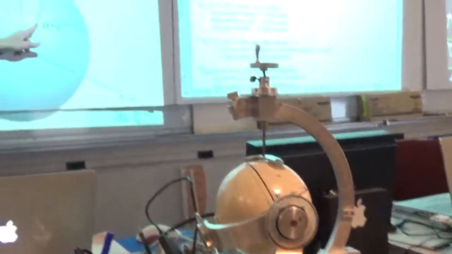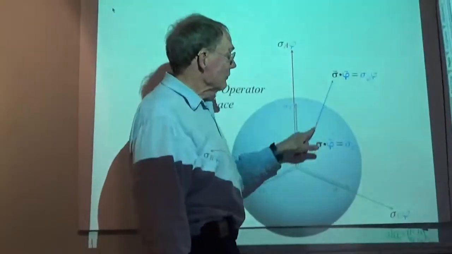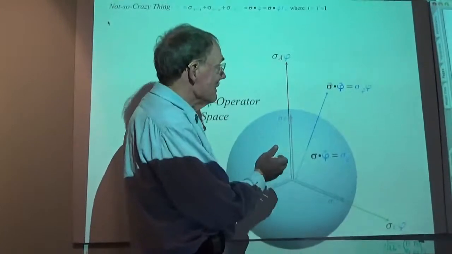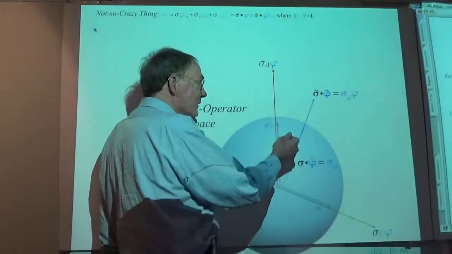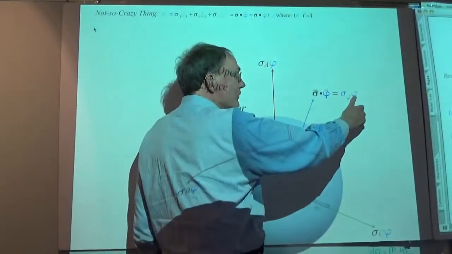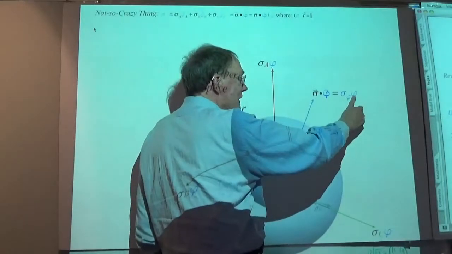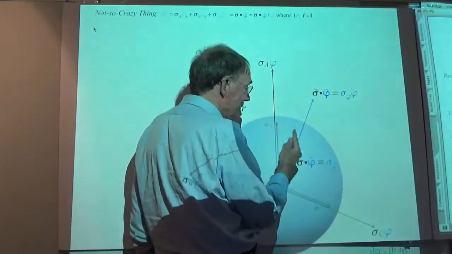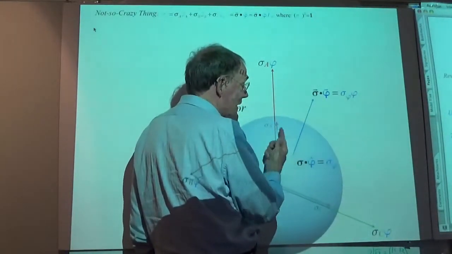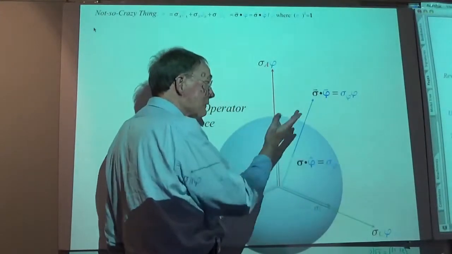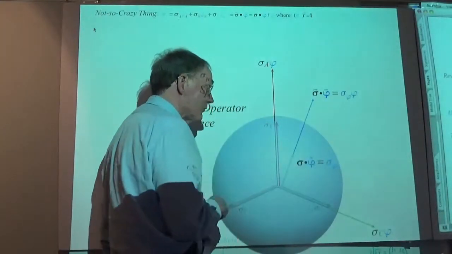But this is the axis of that crank. This is the thing that's the driver. And when that thing turns by some angle phi, that means a rotation around this axis by whatever that angle is.